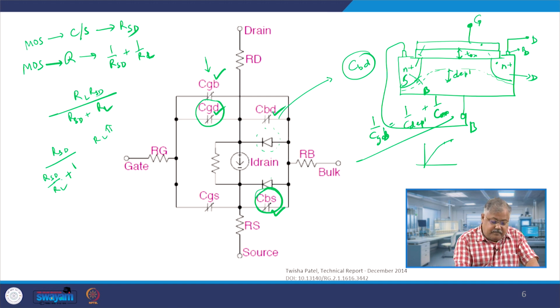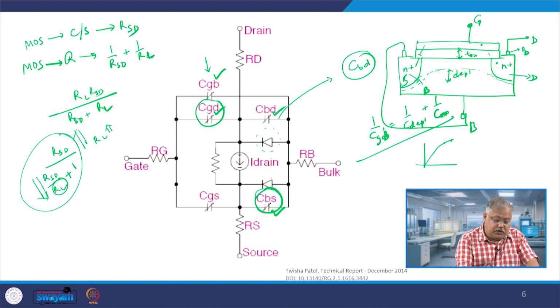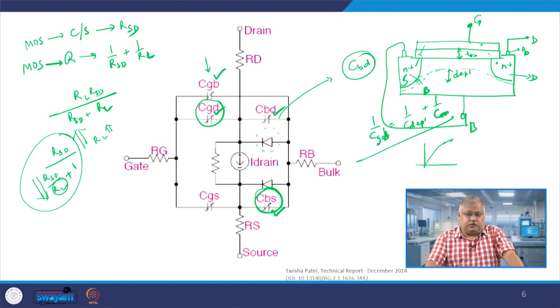Then it primarily means this quantity goes on increasing, which means this quantity goes on decreasing, which effectively means that this whole quantity goes on increasing, which means that the total resistance will actually be bias dependent and will go on increasing as you move from the linear region into non-linear region into saturation region, where this is considered to be a current source. So, this is the basic sort of a 4 terminal small signal equivalent model of a device, right.